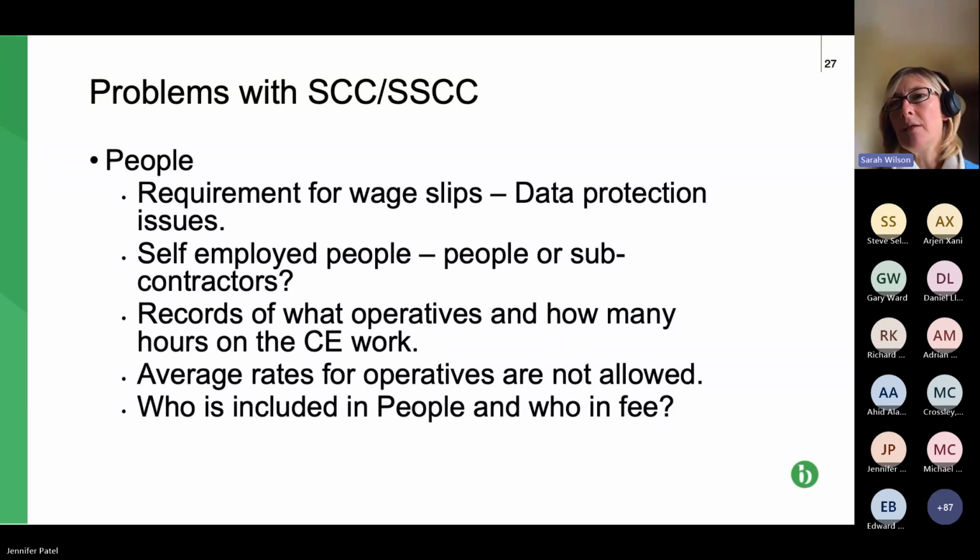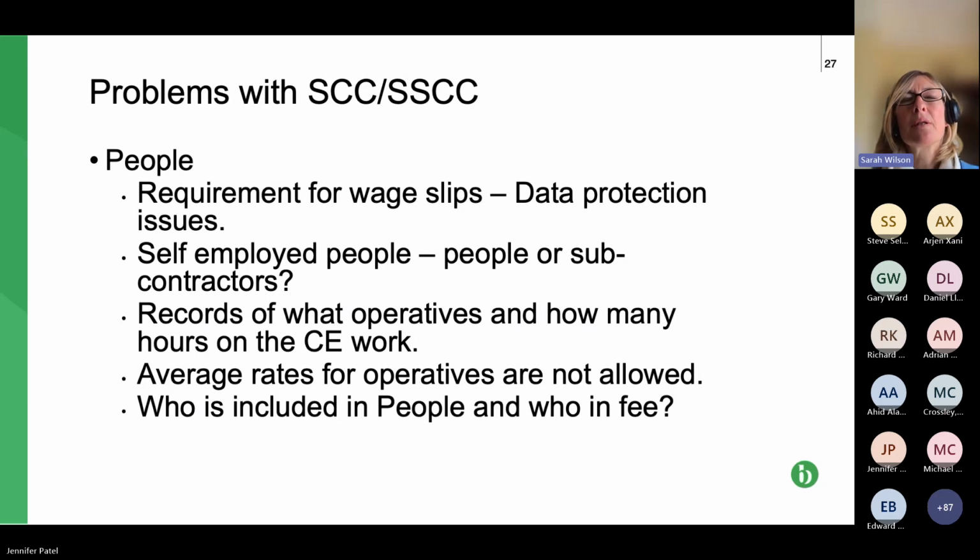Rates are good in that they're easy, but of course in high inflation, particularly for a project that's going to last a number of months or a number of years, rates aren't particularly good if you don't have an inflation clause included in the contract.